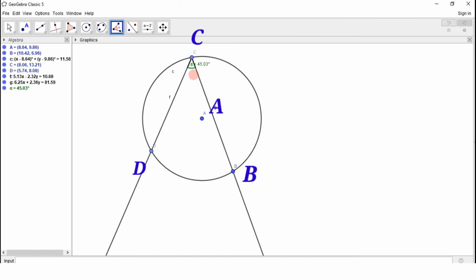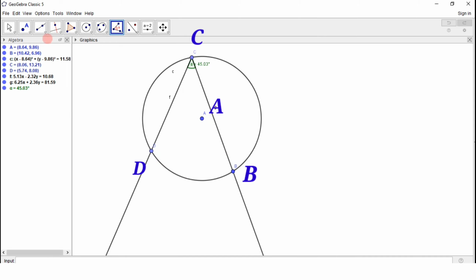Now to verify whether it is half of arc DB or not, we must measure arc DB. For that, we must draw a central angle. And we know that the measure of a central angle is the same as the corresponding arc.